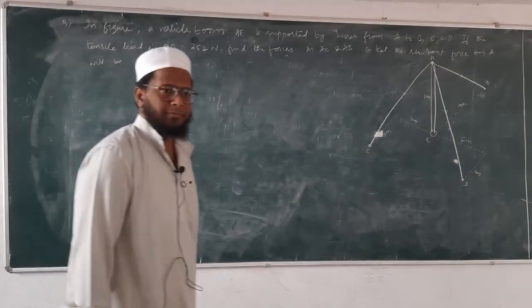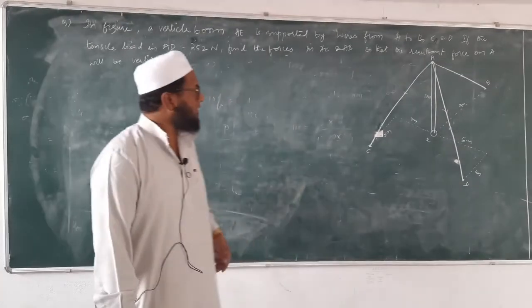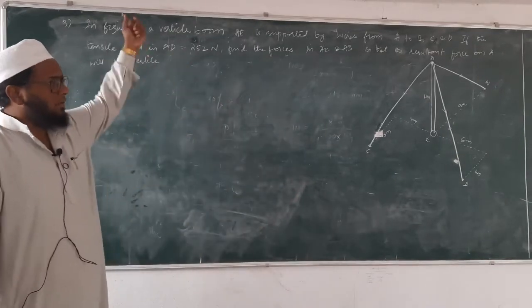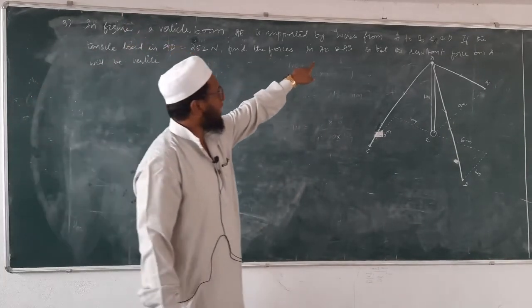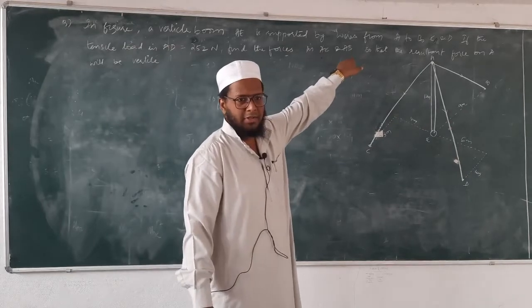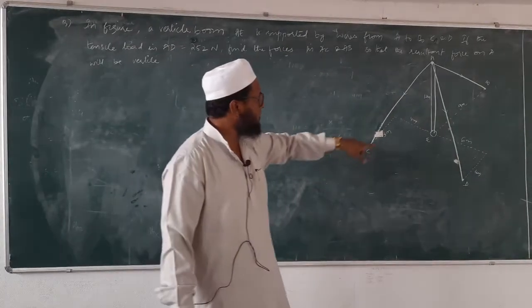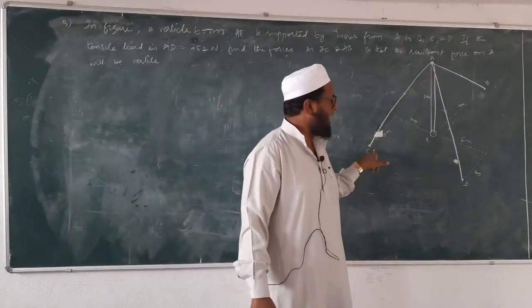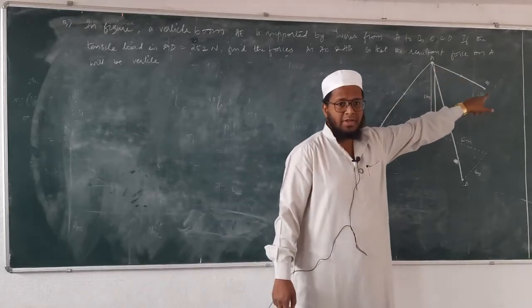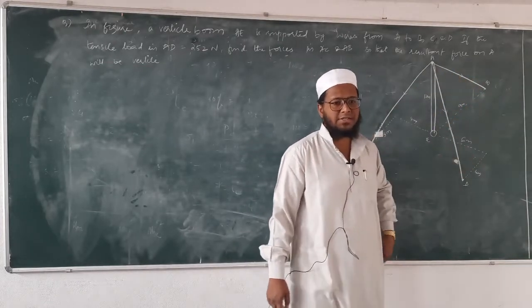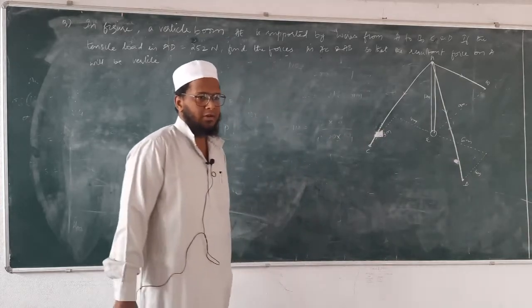So now see here, he is asking us to find the forces in members AC and AB, whereas force in AD is given as 252 newtons.